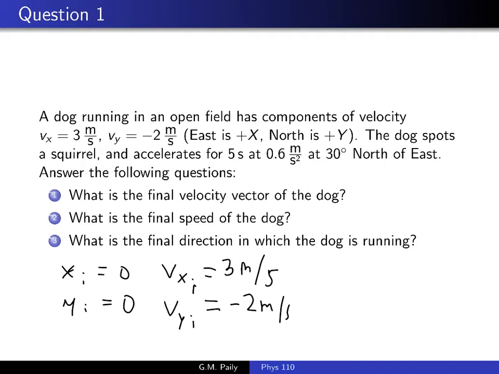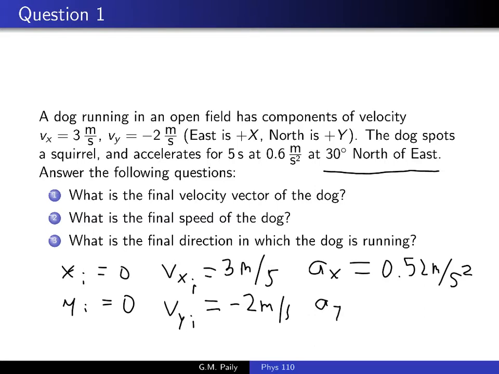What we need now are the x and y accelerations. Since the acceleration makes an angle of 30 degrees with the x-axis, remember it is listed as 30 degrees north of east, so that is 30 degrees above the x-axis, we can find the x component by doing 0.6 meters per second squared times cosine of 30, which gives us ax is equal to 0.52 meters per second squared.